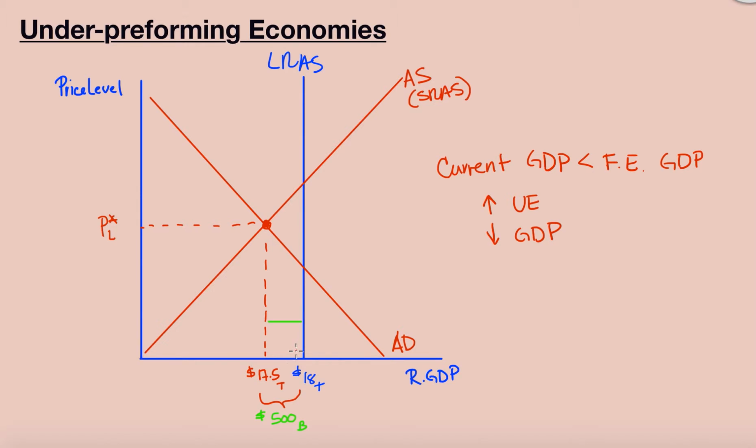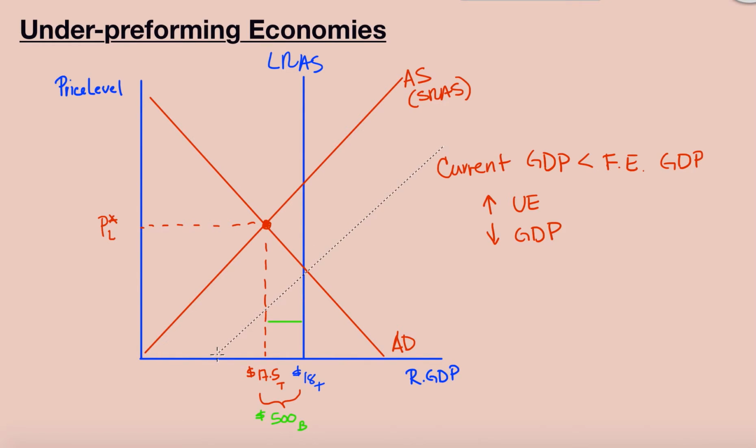In the next video series, we'll look at the difference between the classical approach to fixing this problem as opposed to a more Keynesian approach. But here we could get to our full employment level of real GDP two different ways. Obviously, if we have an increase in our short-run aggregate supply curve, that would bring us to our full employment level of real GDP.